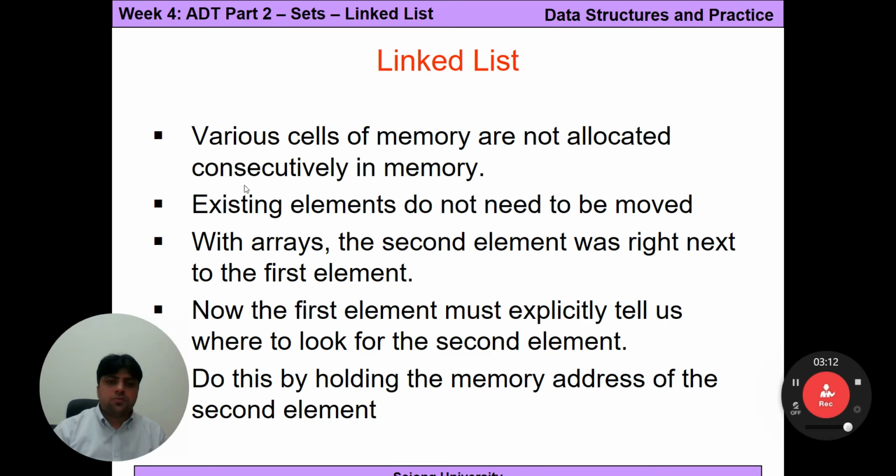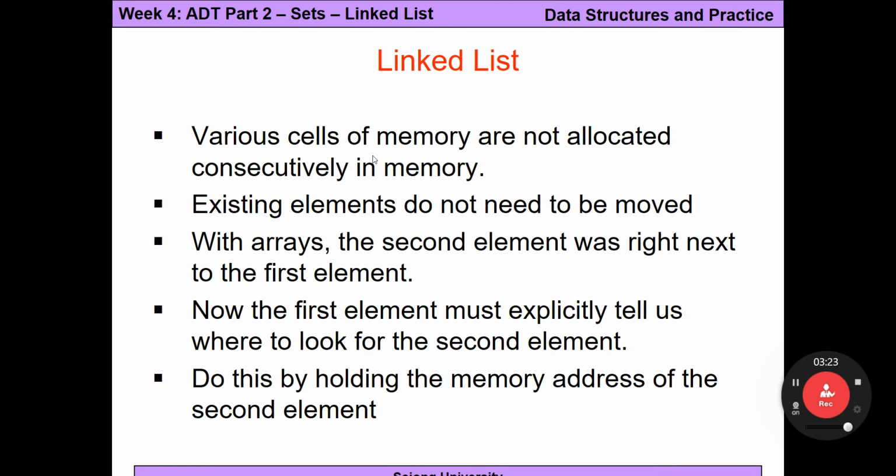The cells of an array are allocated consecutively in memory. As we know, in the case of arrays, the memory should be consecutive.